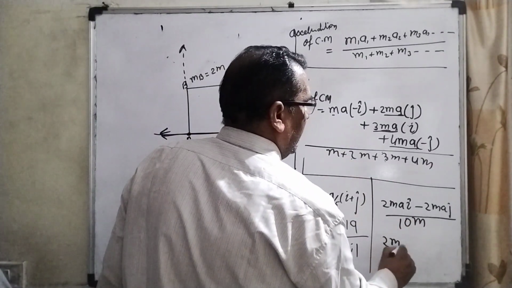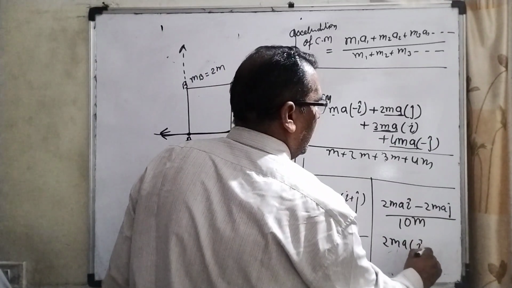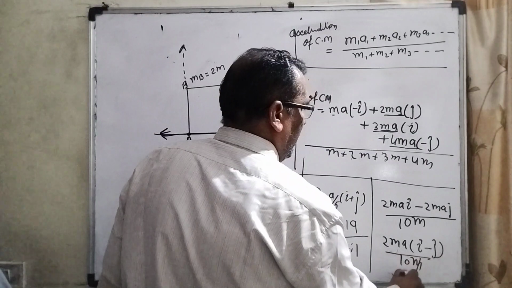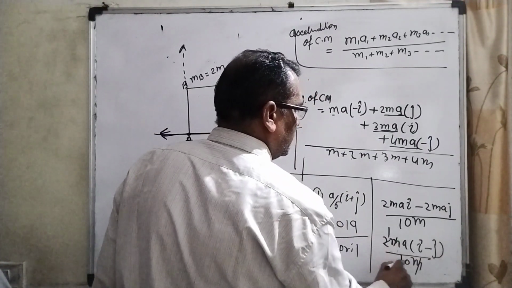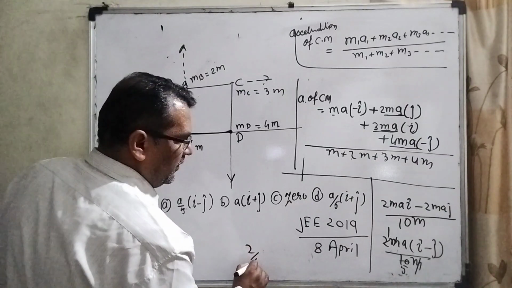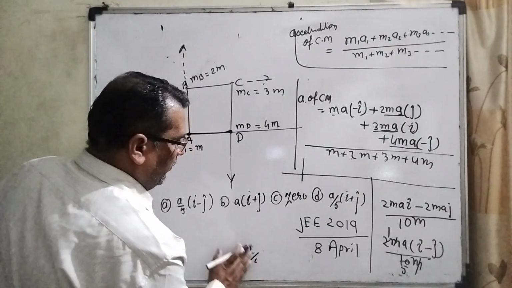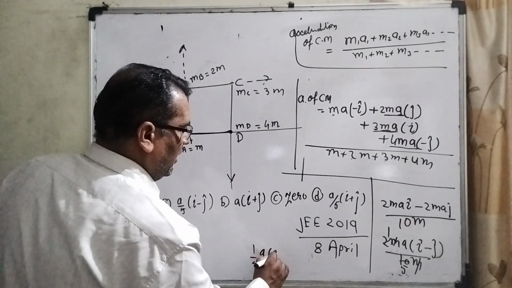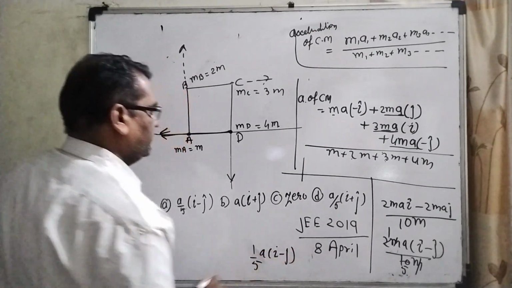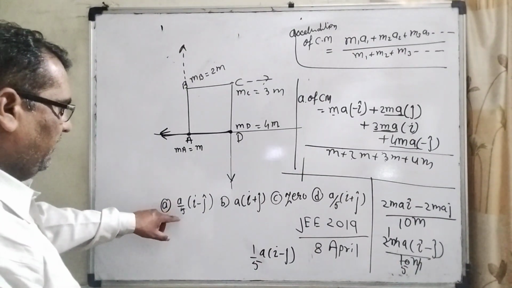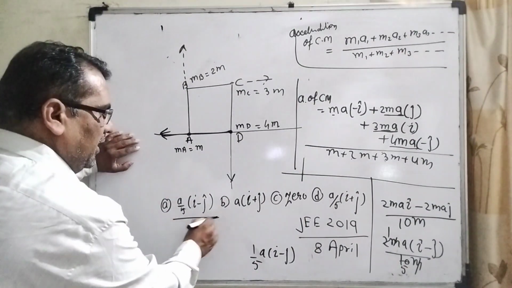Then 2ma common, i minus j upon 10m, m cancels out, 2 ones are 2, 2 fives are 10. Then the final answer is 1 by 5 a (i minus j). So a by 5 (i minus j) is the correct answer.